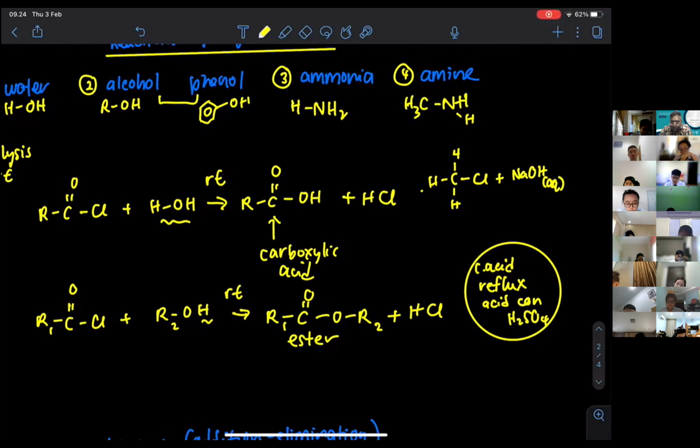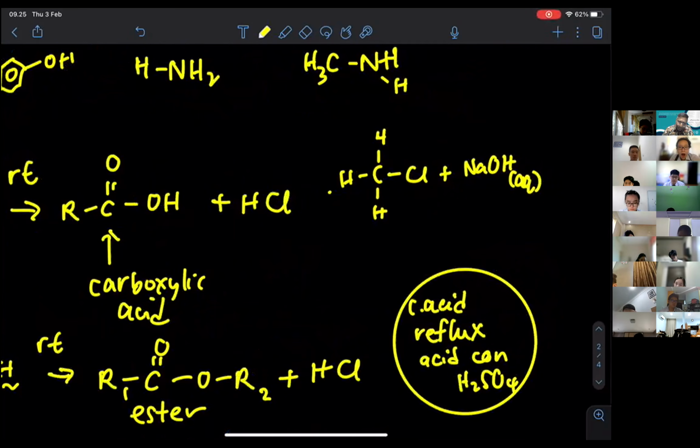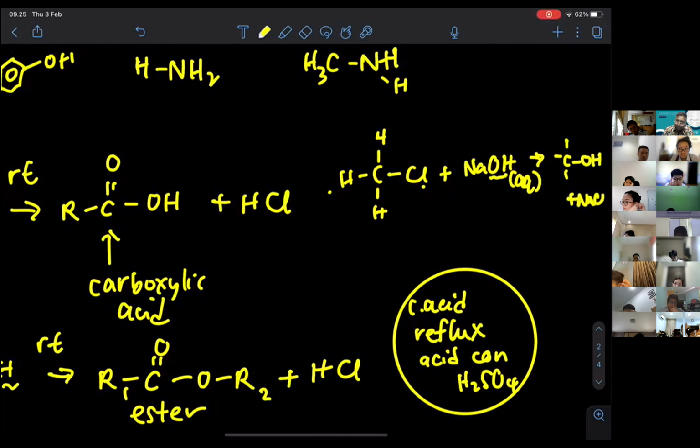And what will happen is that the Cl will come out and the OH will go in. So you are going to get CH3OH, and then you will get NaCl. So this reaction is also known as hydrolysis.